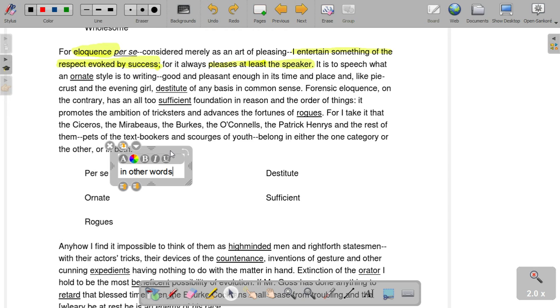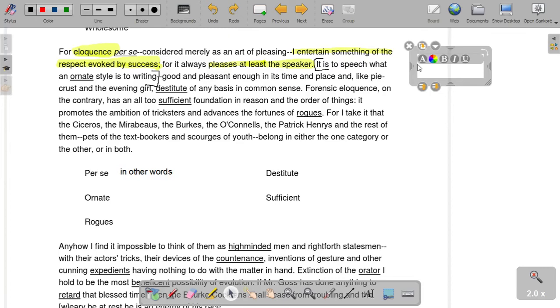And then after that, he makes a comparison. In the sentence after the one we just read, what is the comparison that he's making here? He says, it is to speech what an ornate style is to writing. So what two things is he comparing? Speech and writing. He's comparing speech and writing, and he's comparing what about speech? So what about speech, and then what about writing?